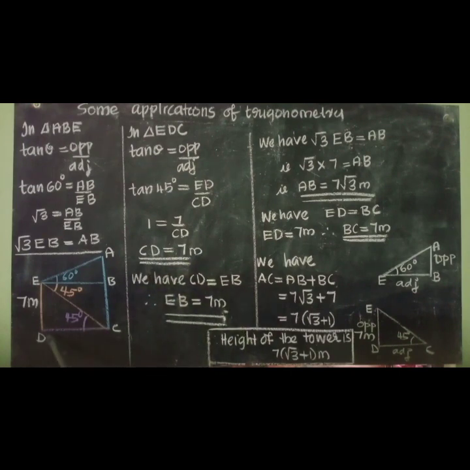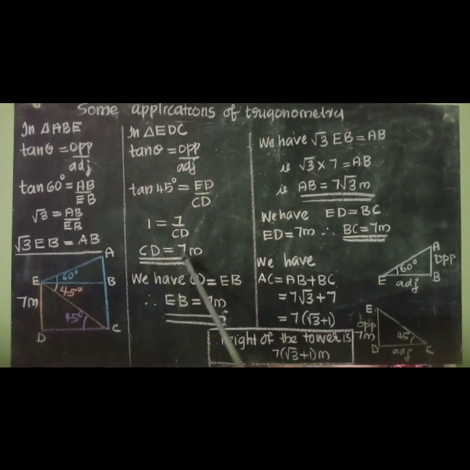Now, you see the figure. This is CD. This value we got 7 meter. But we know this CD and EB both are equal lines because it is the distance between this building and tower. So, this CD and EB are equal. So, we can write CD equal to EB.